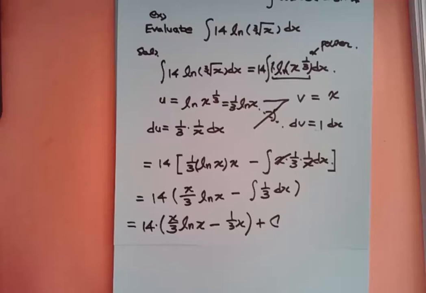When would we know if we have to do the process of integration twice? Usually that happens when you have like a sine or cosine function combined with the polynomial, which is more than degree 1.